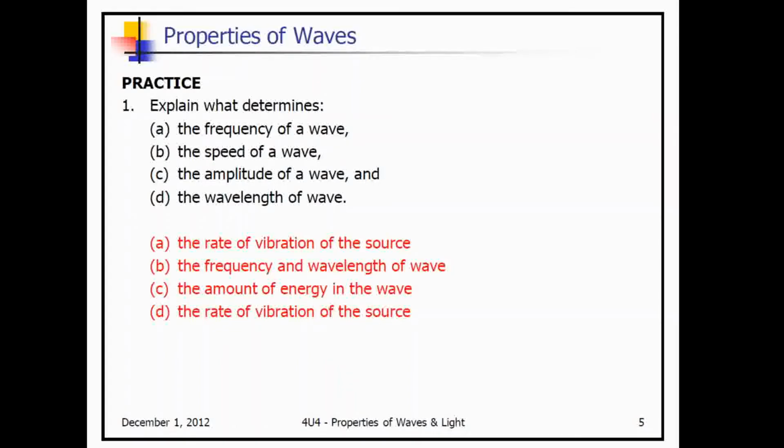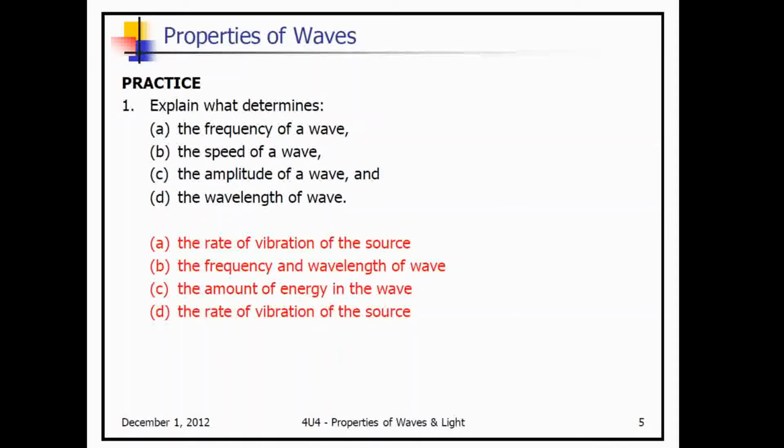So just a quick little explanation here. What determines the frequency of the wave? If you imagine a rock dropping into a calm surface of water, it's the initial disturbance that causes a vibration. Even as I'm speaking, the initial vibration of my vocal cords is what causes that frequency.